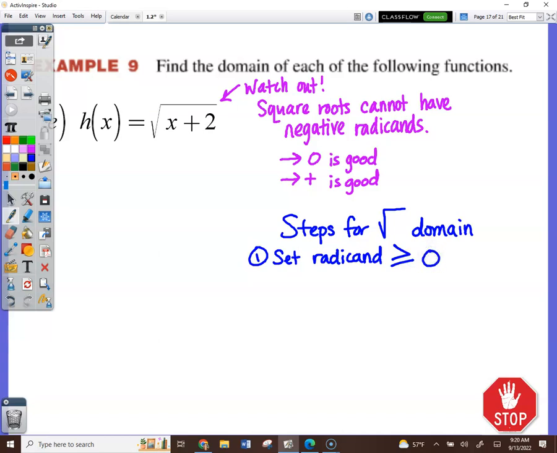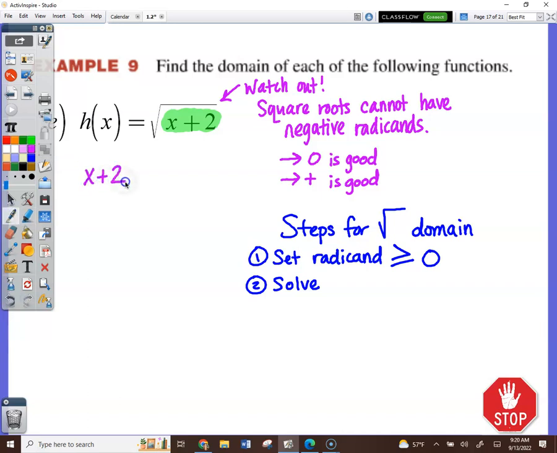So you set the radicand greater than or equal to 0. Solve. And that's your domain restriction. Radicand, by the way, is the stuff underneath the square root. So pull the radicand out.